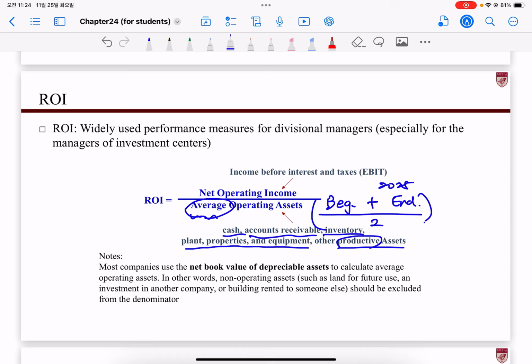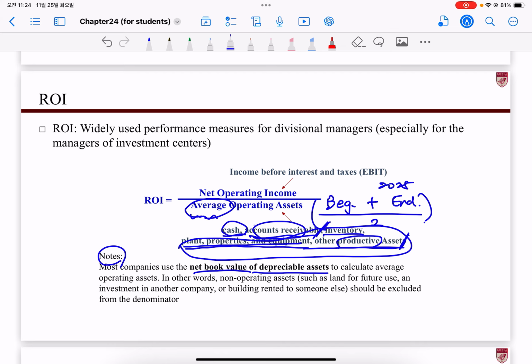Sometimes, some companies may use the net book value of depreciable assets, meaning you may only be calculating inventory, PP&E, and productive assets. So not even including cash and accounts receivable. Because you can think that cash and accounts receivable themselves do not generate any sales, right? Whereas we're interested in, out of the operating assets that are able to generate sales, how much income can we generate?